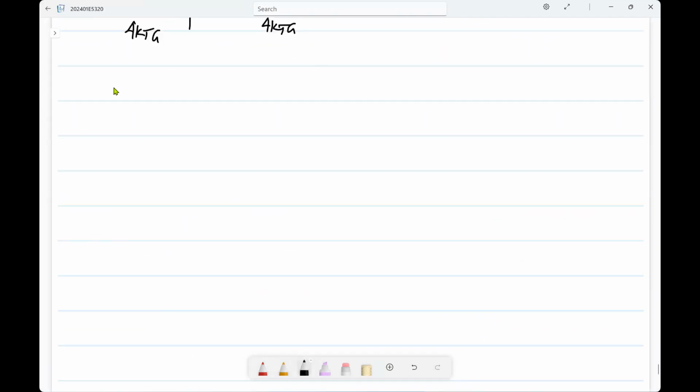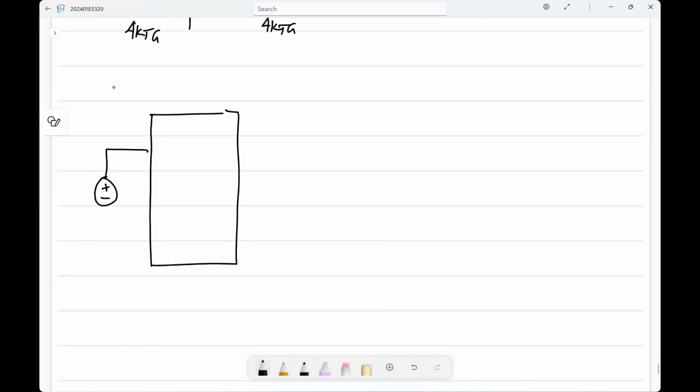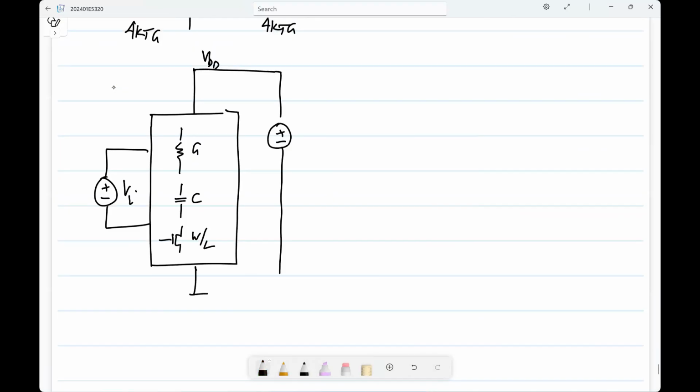So in summary, we have two circuits. You can think of any component, but I'll just show these. And it has some power supply VDD. Okay. So that means it's connected like that.